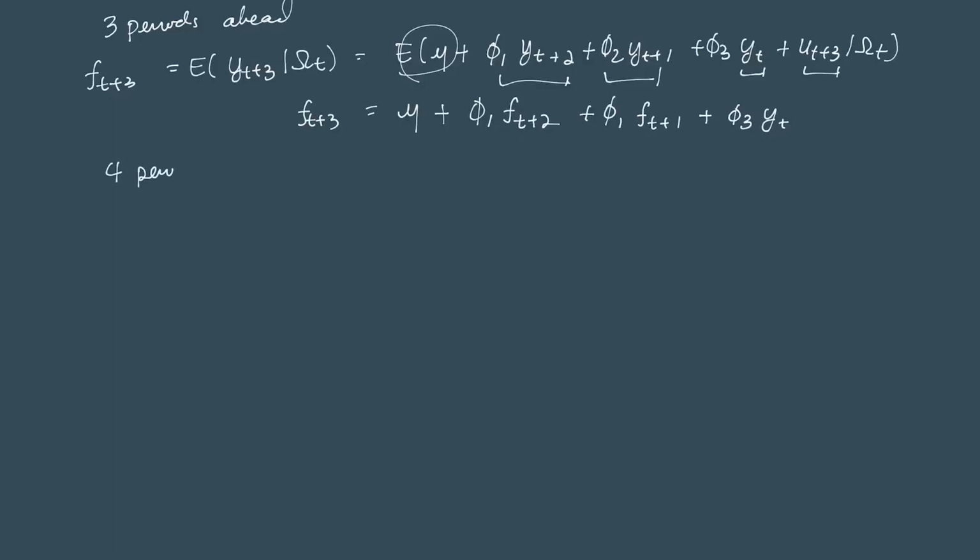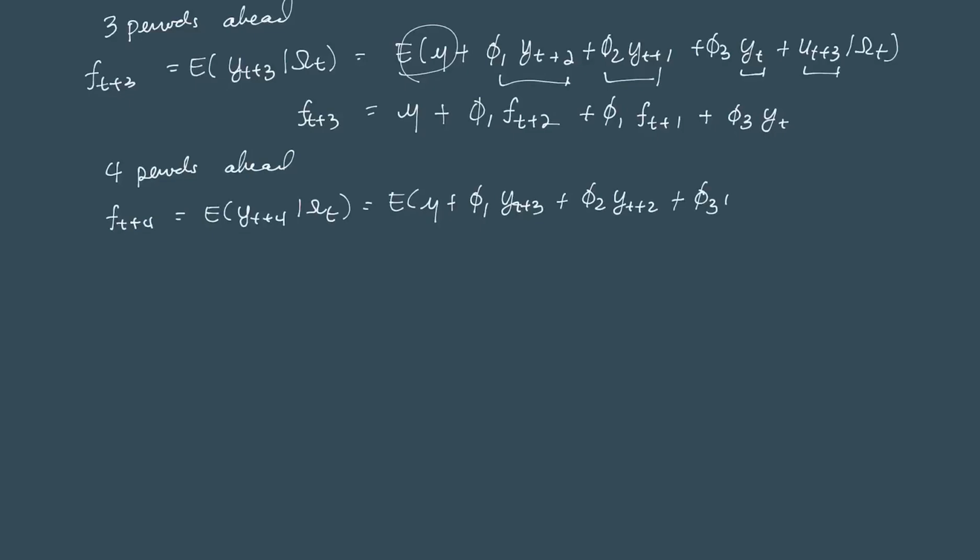Now 4 periods ahead. ft plus 4 is equal to the expected value of yt plus 4 conditional on omega t. That's the expected value of mu plus phi 1 yt plus 3 plus phi 2 yt plus 2 plus phi 3 yt plus 1 plus ut plus 4, conditional on omega t. Doing that same form, the expected value of mu with respect to everything you know at time t is just mu, plus phi 1.